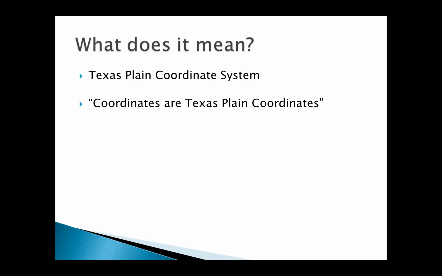The coordinates are of little value other than very, very local value. You'll see on descriptions or on survey plats that coordinates are state plane coordinates, but distances are surface value.